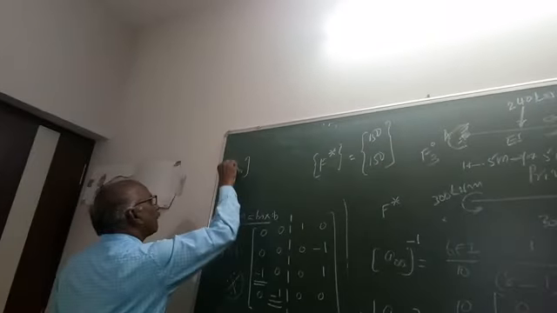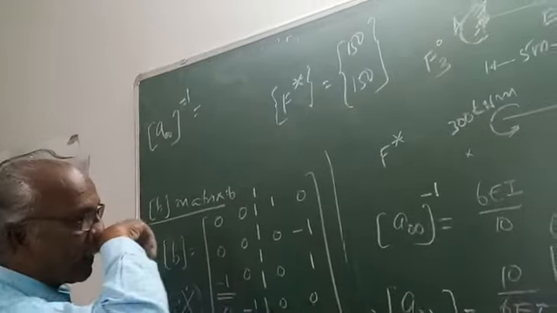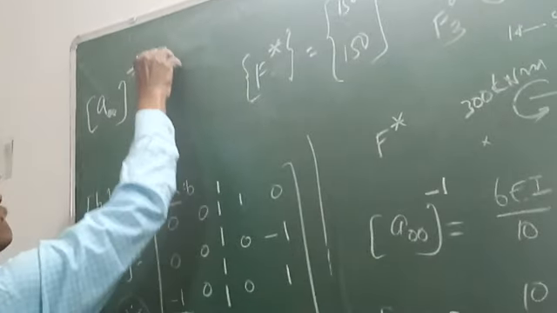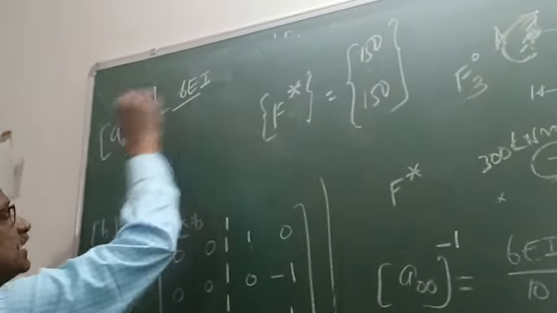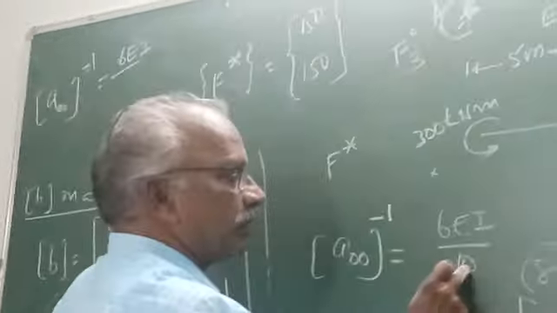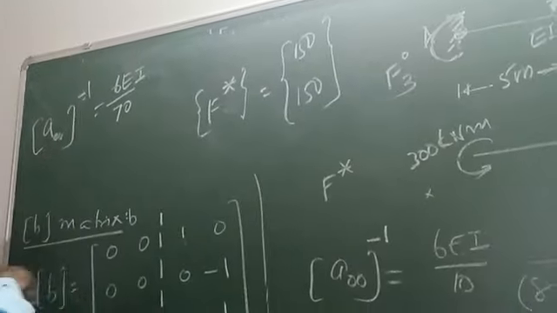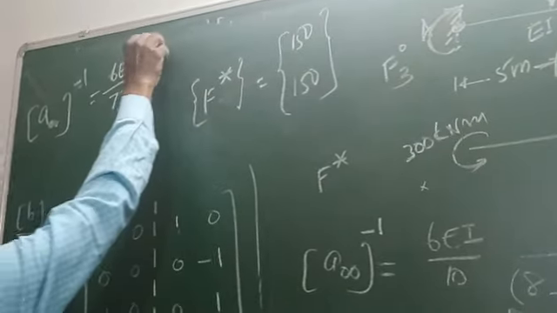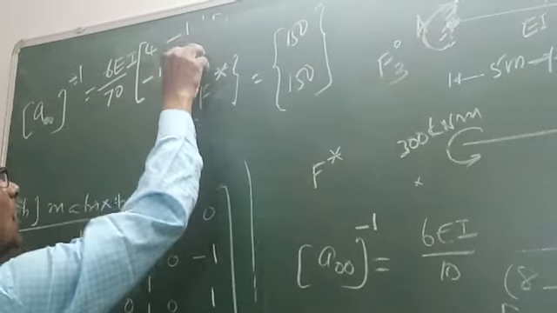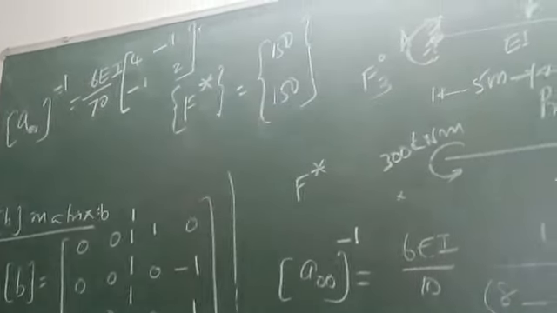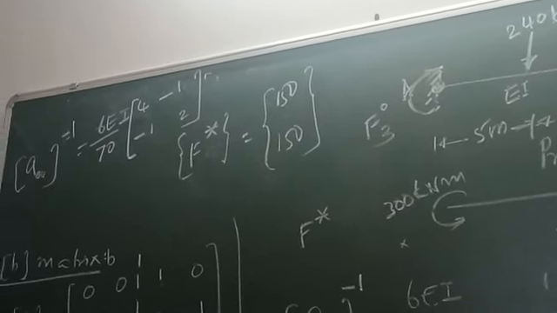A naught naught inverse is equal to 6EI by 10 times this: 10, 8 minus 1, 7. So we will write it as 6EI by 70. Then 4, minus 1, minus 1, 2. That is the value of A naught naught inverse.